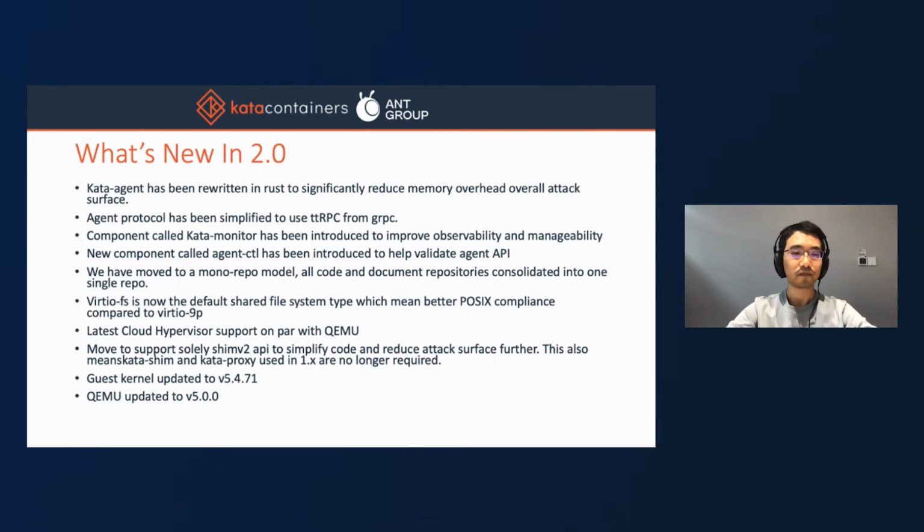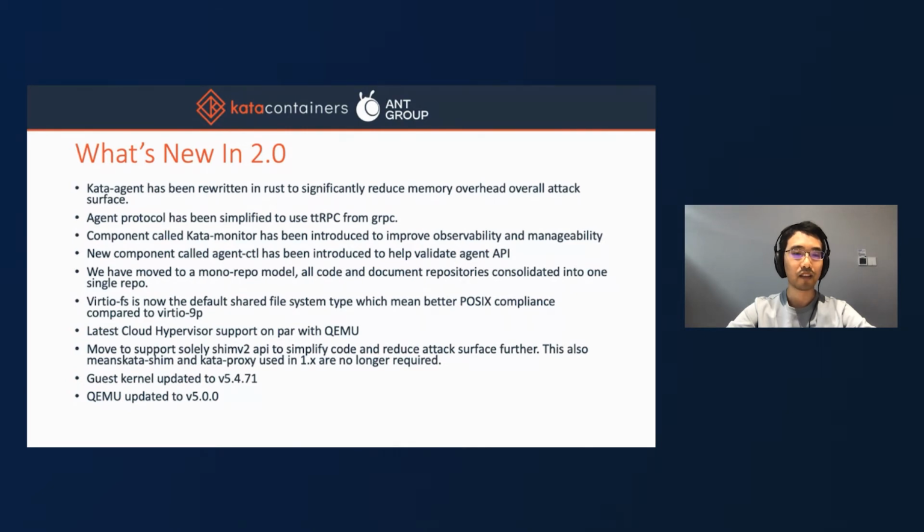And also, we moved to support solely the shim v2 API rather than the CLI command line to reduce the attack surface. This also means that the Kata shim and Kata proxy used in 1.x are no longer required.